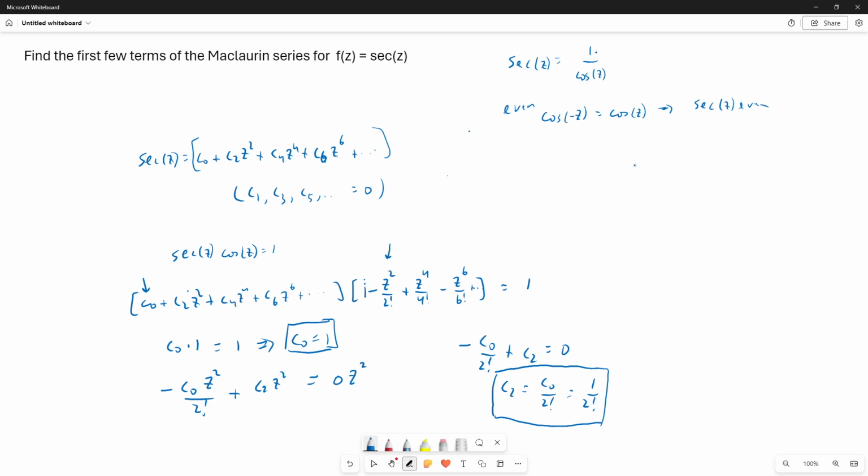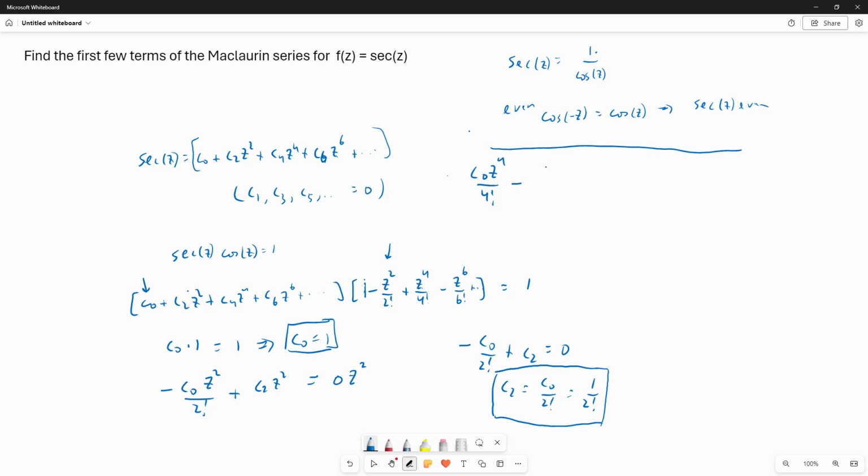Let's see if we can find C4. So let's look at the fourth powers. On the left, to get a fourth power, we'll do a 0 power times a fourth power, the second power times a second power, and a fourth power times a 0 power. So we're going to get C0 times z to the 4th over 4 factorial, and then plus C2 z squared times minus z squared over 2 factorial.